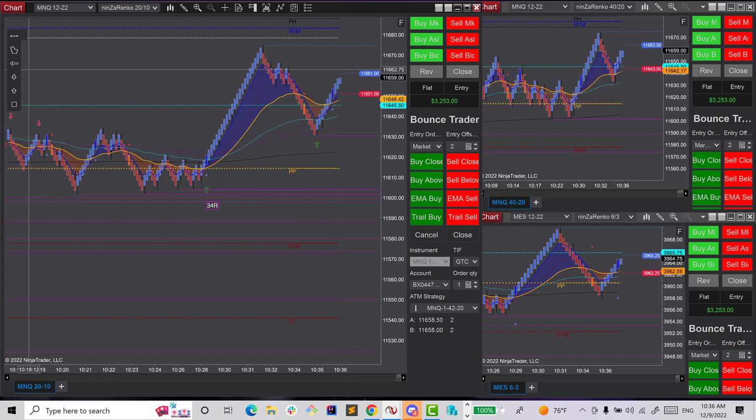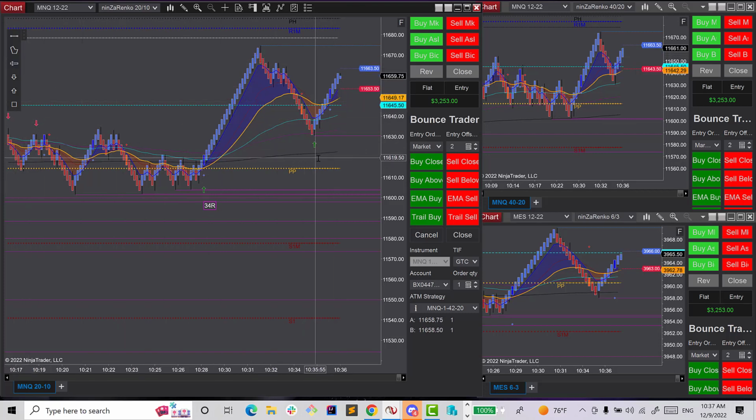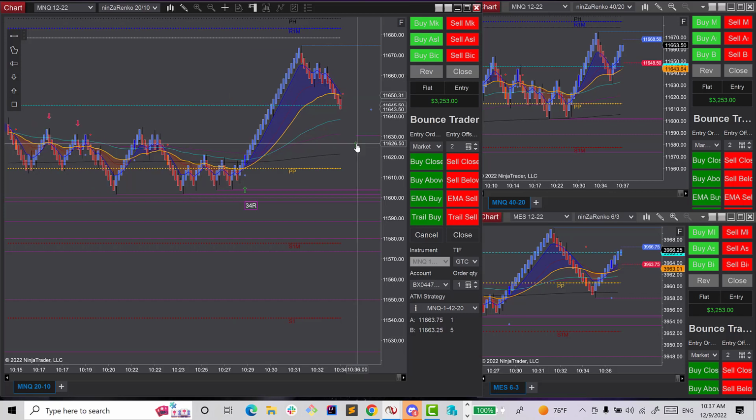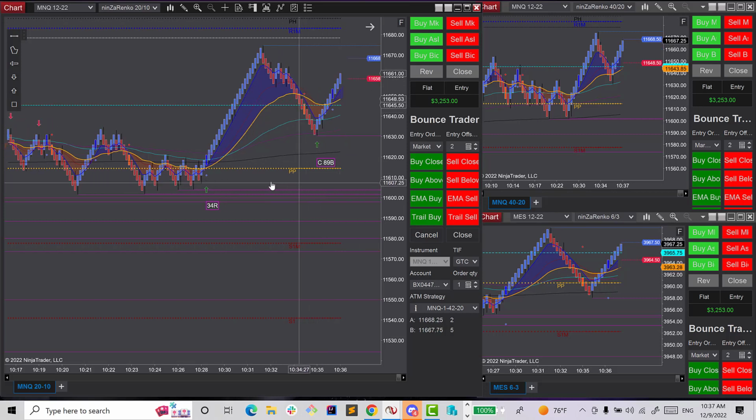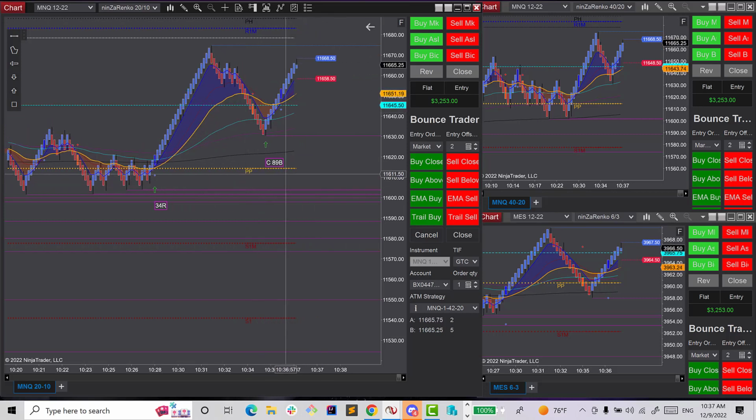So that's why I took that trade. Again, it's all written in the bounce method playbook. So this is a compound 89B trade. So these are the two trades that we took.